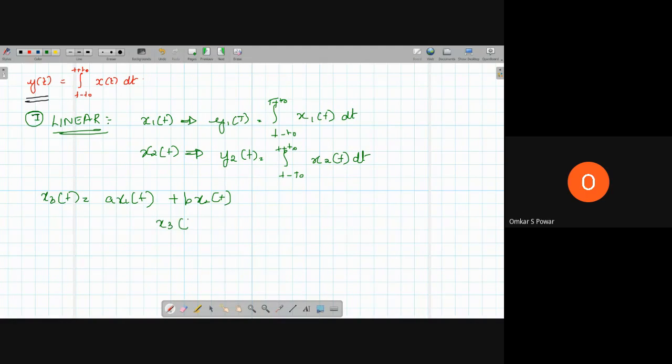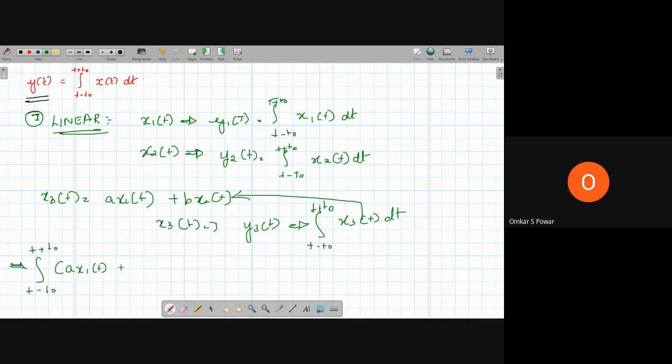What is this y3 of t? Integral from t minus t naught to t plus t naught of x3 of t. Now substitute x3 of t from this one: integral from t minus t naught to t plus t naught of a into x1 of t plus b into x2 of t dt. Now we will simplify this one.